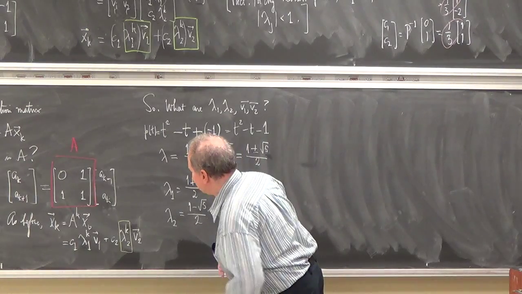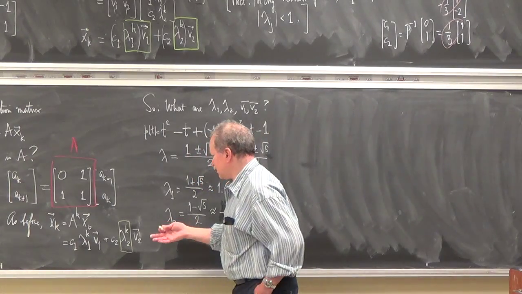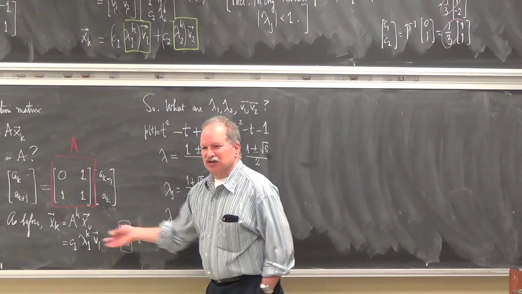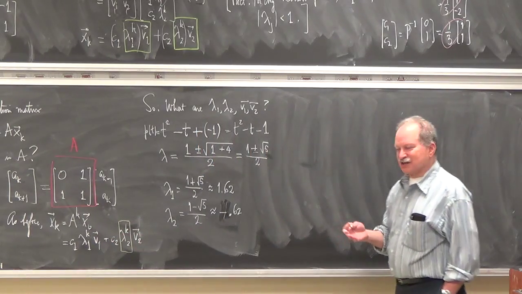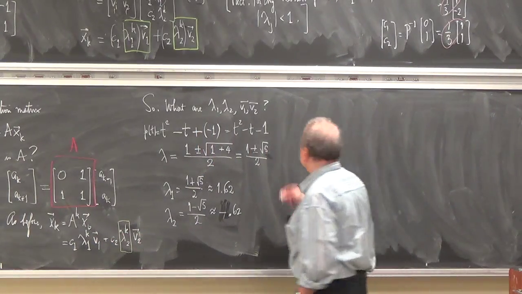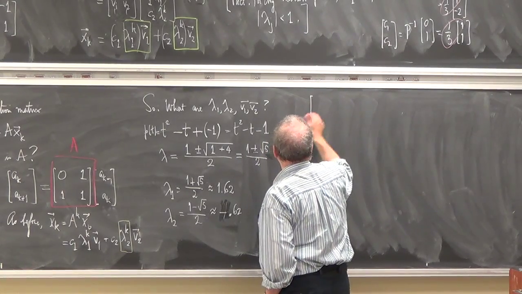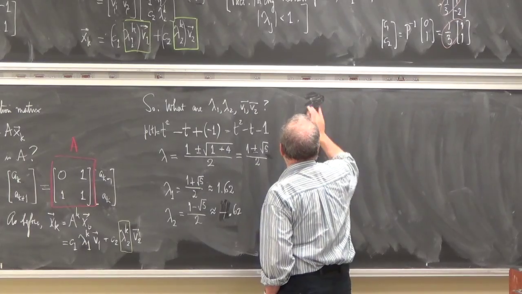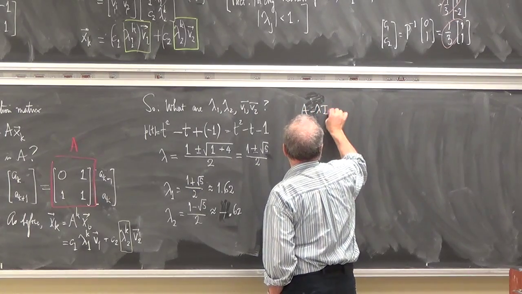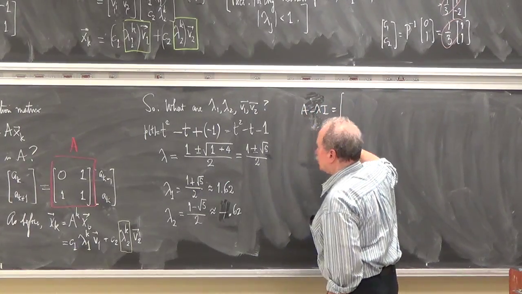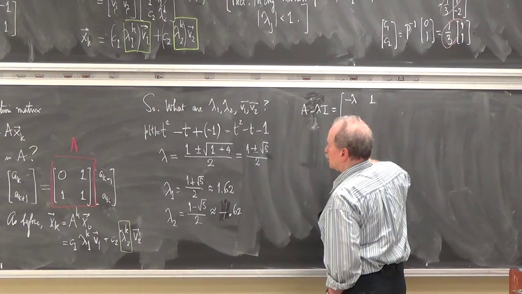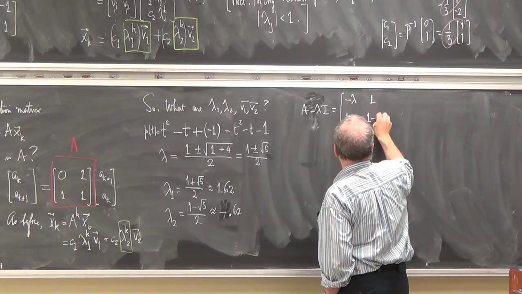Alright, we're sort of done here, except I really want a formula, so I want to find the eigenvectors. If I take A minus lambda times the identity, I get negative lambda, 1, 1, 1 minus lambda.